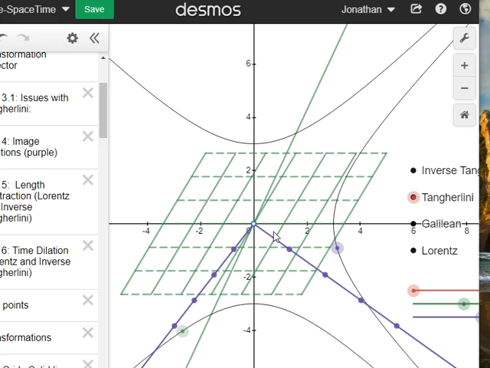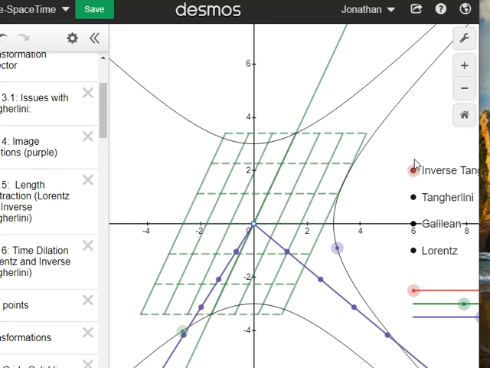So essentially, this is the transformation you would use. The Tangerlini transformation goes supposedly from the lab frame to the non-preferred reference frame. And the inverse Tangerlini transformation goes from the non-preferred reference frame to the lab frame.